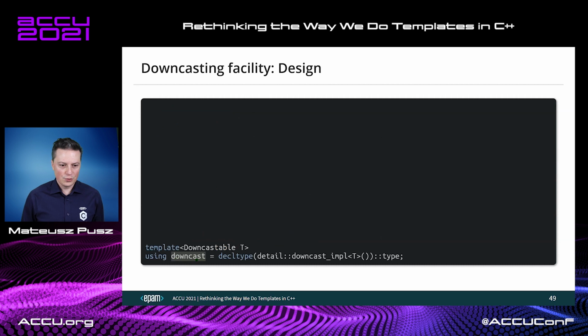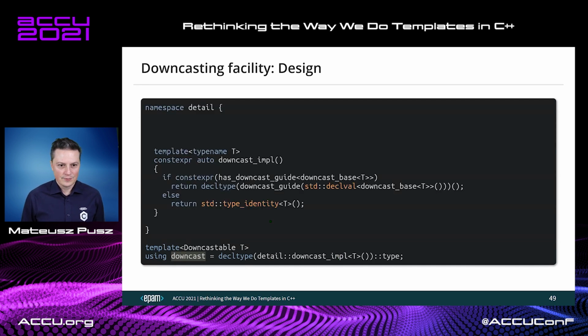And now we want to actually implement this downcast facility. So I'm implementing some downcast implementation helper here, and it checks if type T has a downcast guide provided. I'm calling this downcast guide and reasoning about what the type provided by this implementation is.